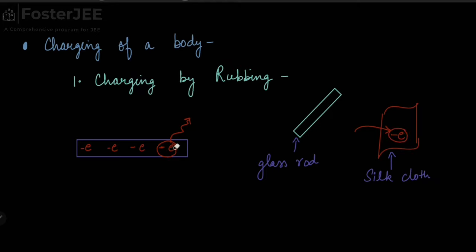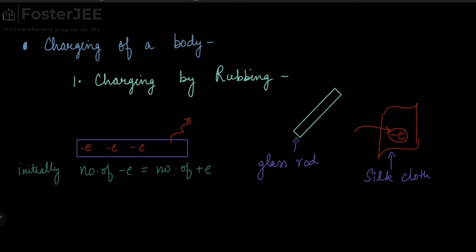Due to this, the rod creates some deficiency of electrons. Initially both the rod and cloth were neutral, that means number of electrons equals number of protons. But due to rubbing, some electrons get transferred from the rod to the cloth.